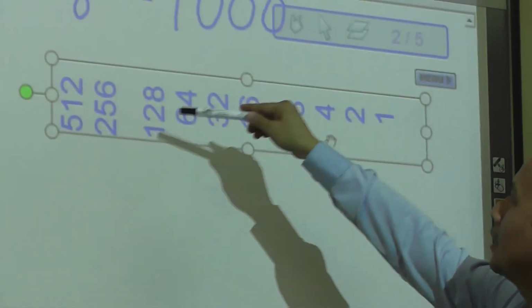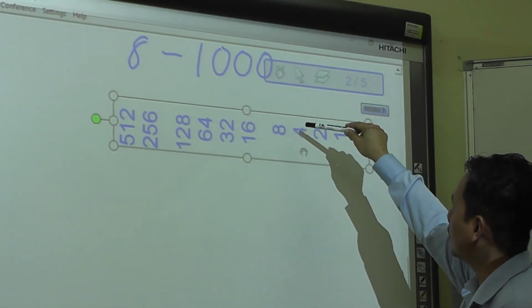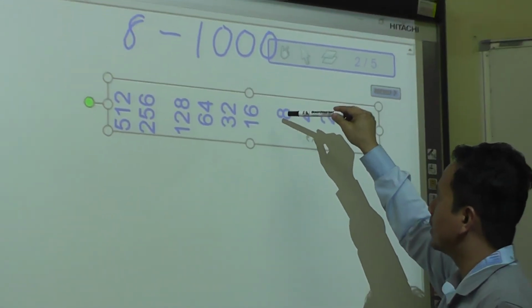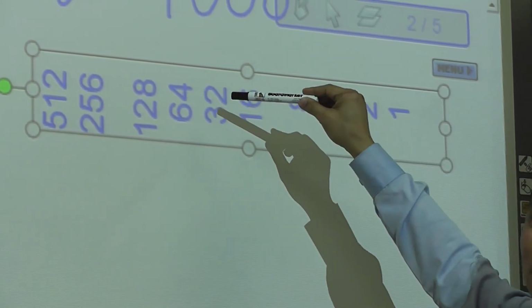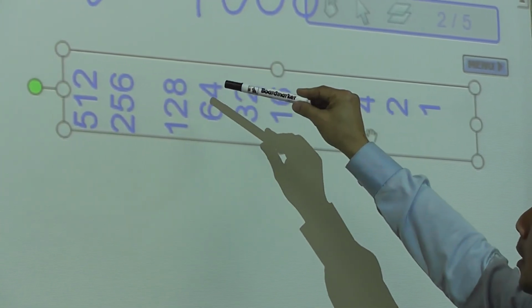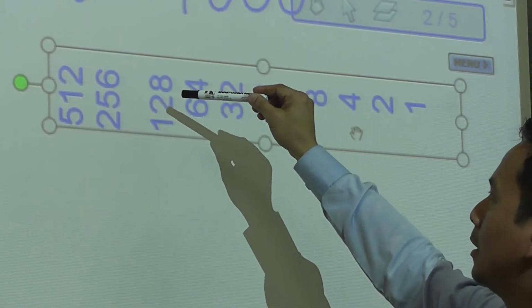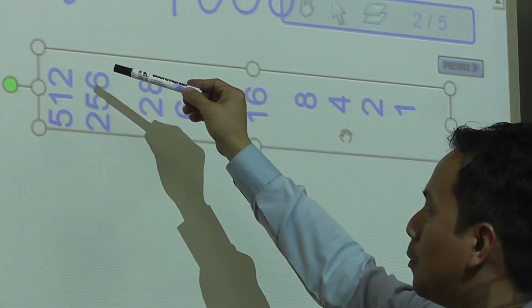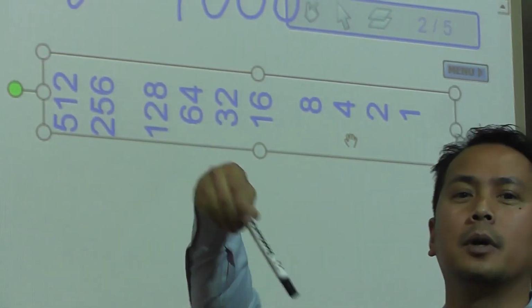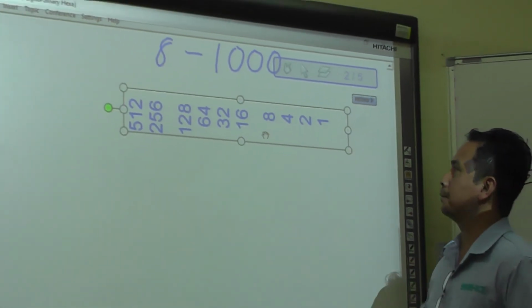These are 1, 2, 4, 8, double 8 is 16, 32, 64, double 64 is 128. 128 double is 256. Double 256 is 512, and so on. So you already have this table.